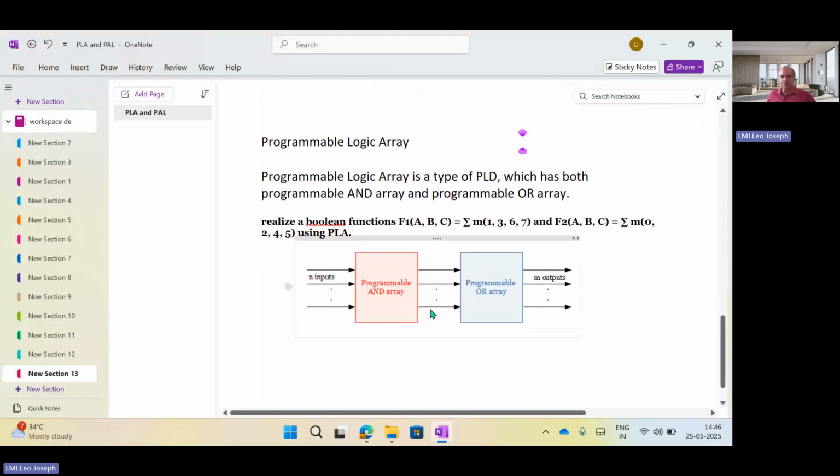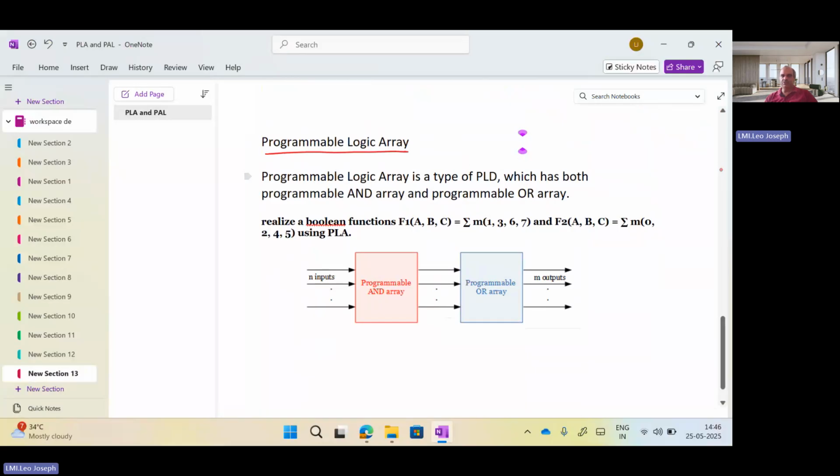So this is a programmable logic array. Previously we saw programmable array logic. Now we are seeing programmable logic array. A programmable logic array is nothing but both AND gate and OR gate are programmable.